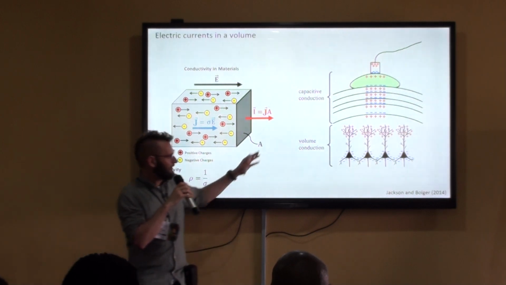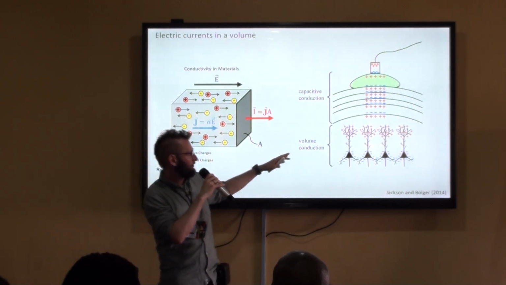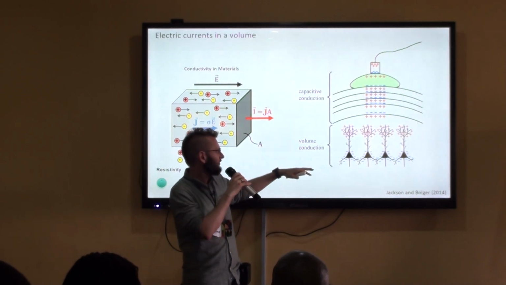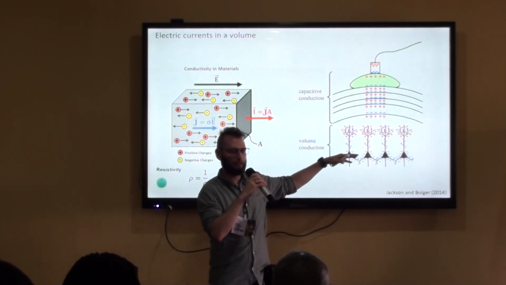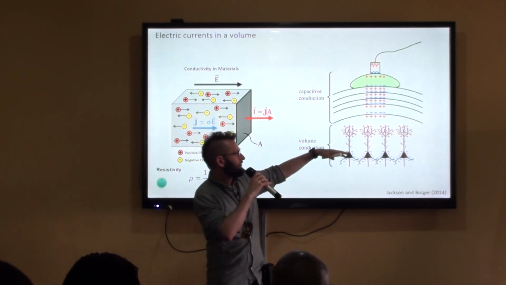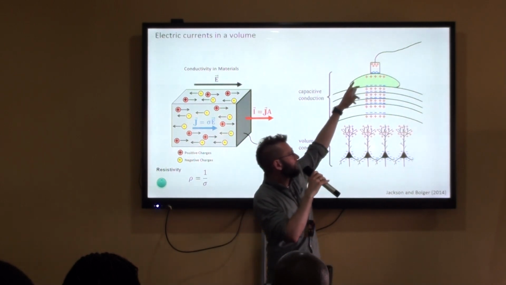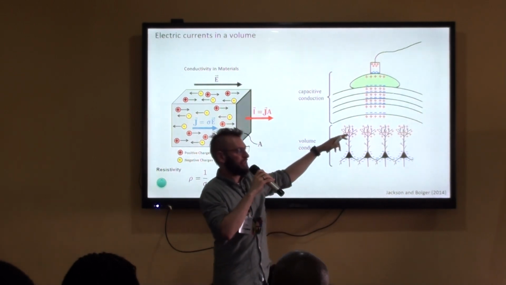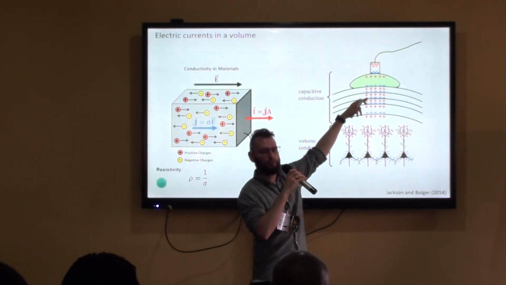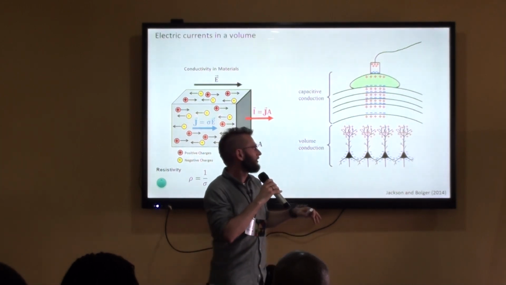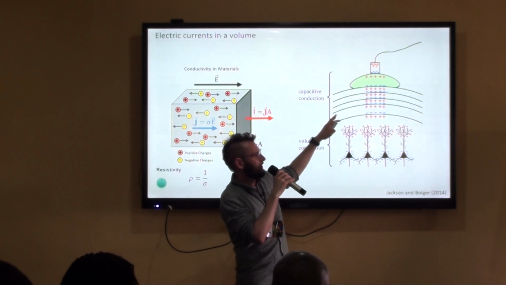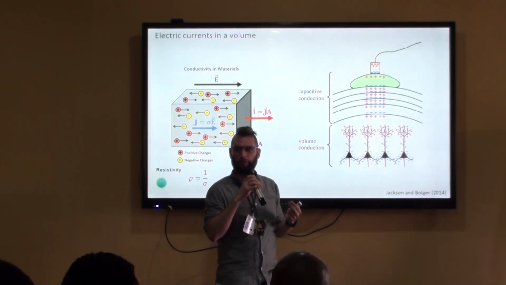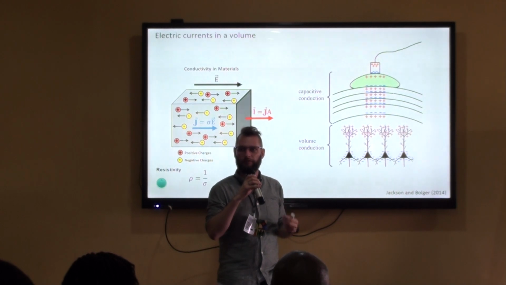So this cartoon again represents that we have our pyramidal neurons somewhere in the cortex where the electric field sums up. But for all these electric fields to traverse up to our electrode, represented up here, they have to pass through all these different types of matter. Say if this is the brain tissue, we could have a layer of CSF that is a saline solution, so it has really good conductivity.